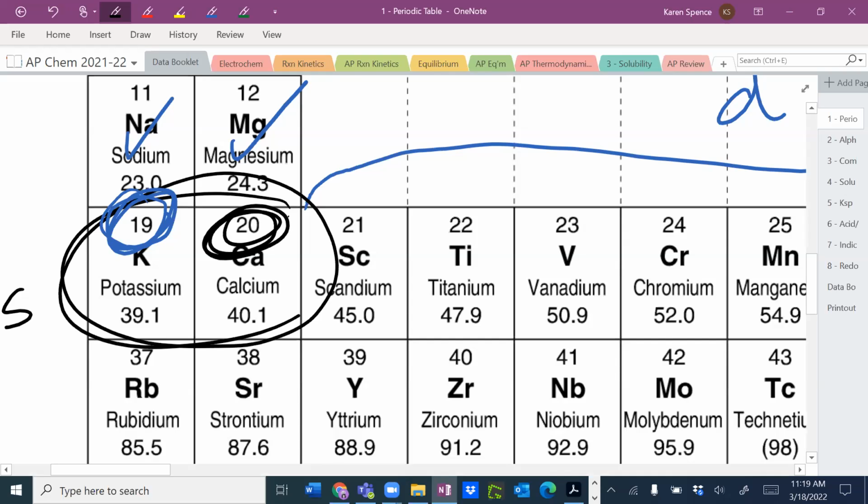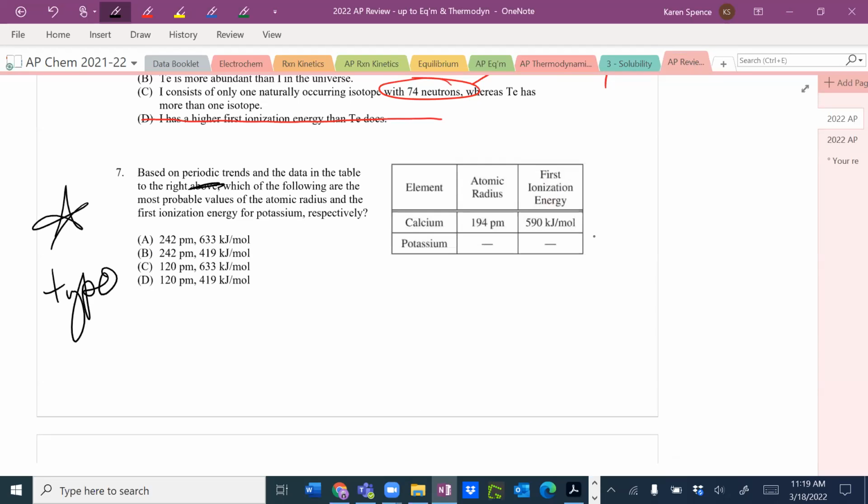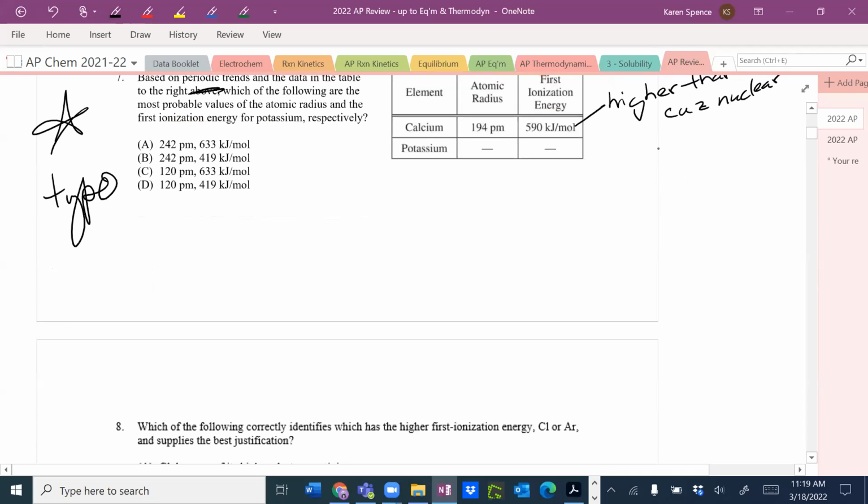All right, so back here. Our ionization energy of calcium should be higher than for potassium because the nuclear charge is greater. And in terms of atomic radius, again, calcium has a larger nuclear charge, so it will pull its electrons more closely than potassium.